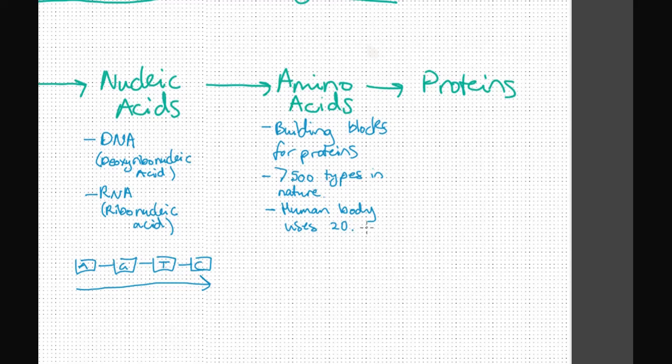We will get into this structure and a little bit more about amino acids later, but just in this overview, we're just considering them as building blocks for proteins. So then if we go on over to proteins, proteins are basically strings of amino acids. And we did talk about this in one of the last videos.